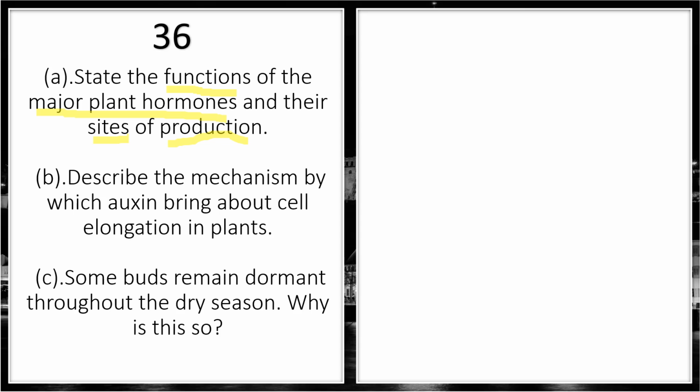B. Describe the mechanism by which auxins bring about cell elongation in plants. Part C. Some birds remain dormant throughout the dry season. Why is this so?